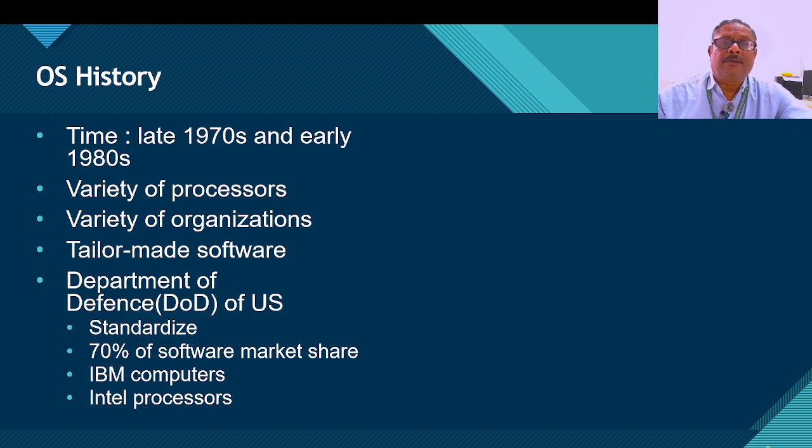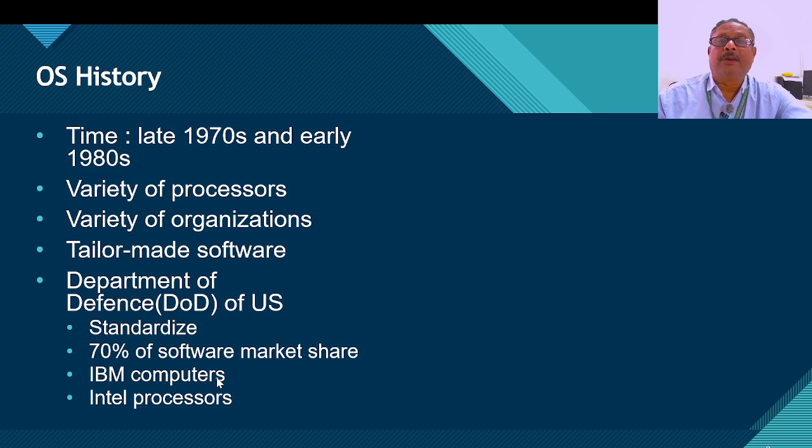Another reason why the software world had to bow down to the DoD is its 70% market share, and because the DoD was 70% of the software purchasers, every software vendor would like to oblige with what the DoD said.